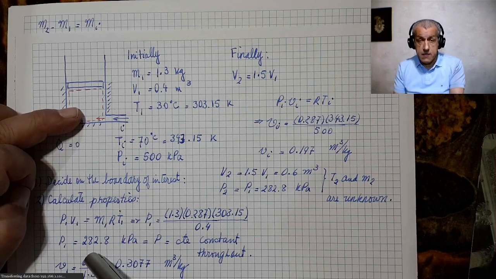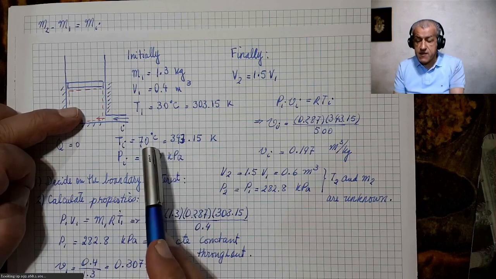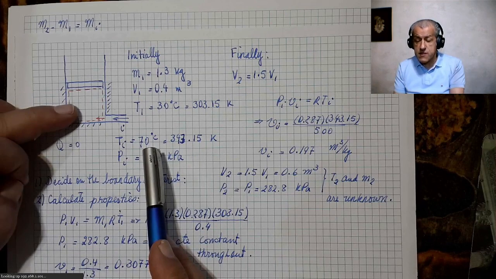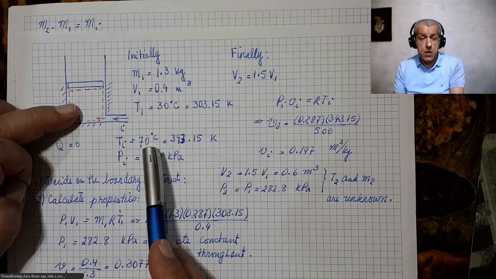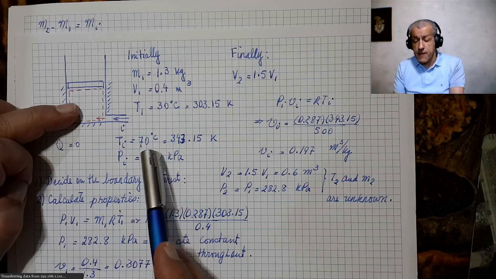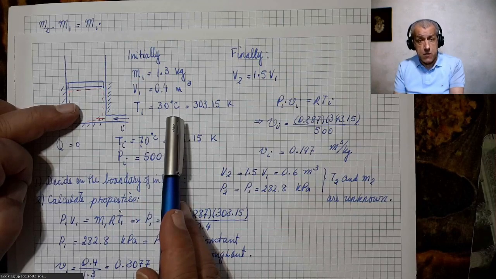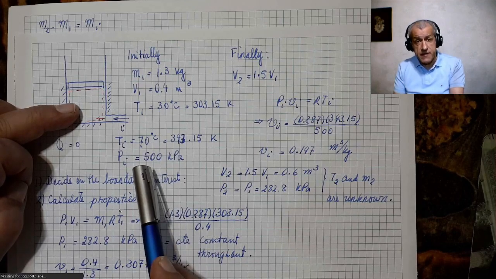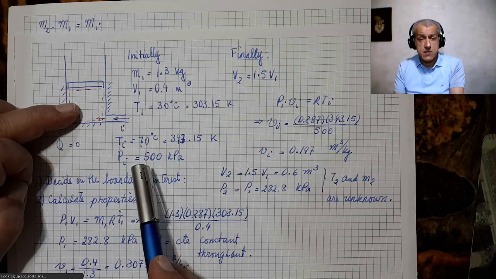The second point is that this is 70 degrees and this one is 30 degrees. We don't know how the problem ends, but at least for the start of it, a 70 degrees C flow of air is entering air at 30 degrees C. So there's a temperature difference and there would be heat transfer.